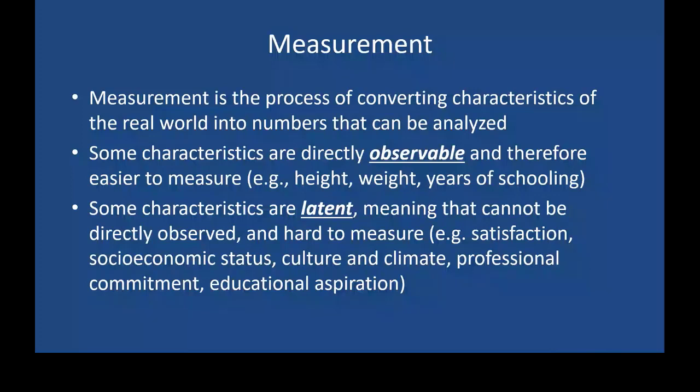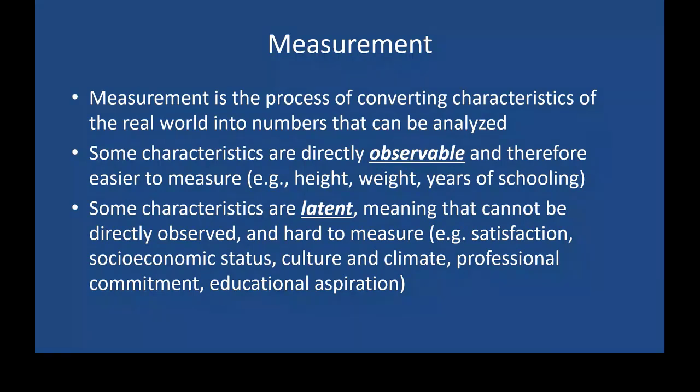Other characteristics are latent, and what this means is that you can't directly observe them. And because you can't directly observe them, they're harder to measure. And oftentimes, these are the things you really care about; they're latent variables. For instance, satisfaction. You can't look at someone and see whether they're satisfied, whether it's satisfied with a product, satisfied with a restaurant, anything like that.